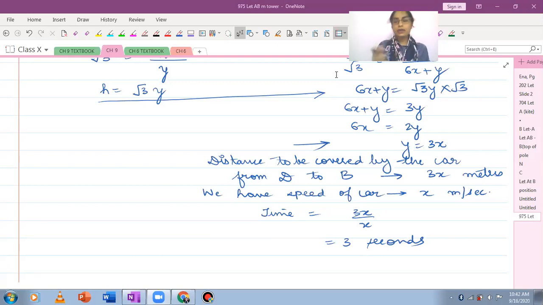Okay, as for now, I think everyone is clear that this chapter is basically problem sums based on the concepts you have done in last chapter. Chapters 8 and 9 run together, in parallel with each other. So whatever you have learned in chapter 8 you can apply here, except for the last exercise where you had to solve those identities and prove LHS equals RHS, which most of the students actually hate.